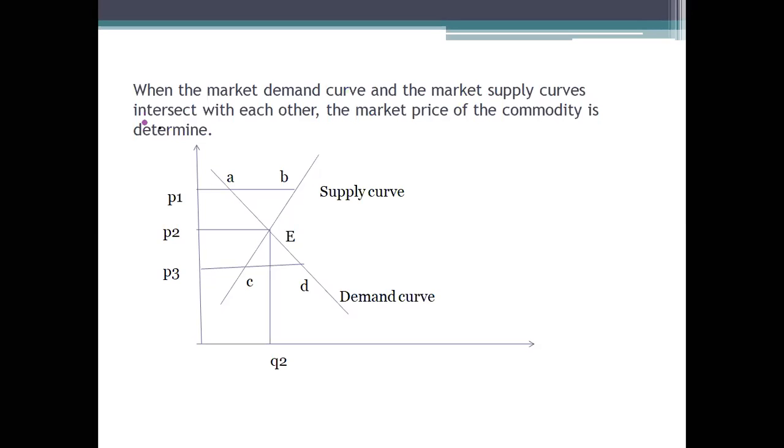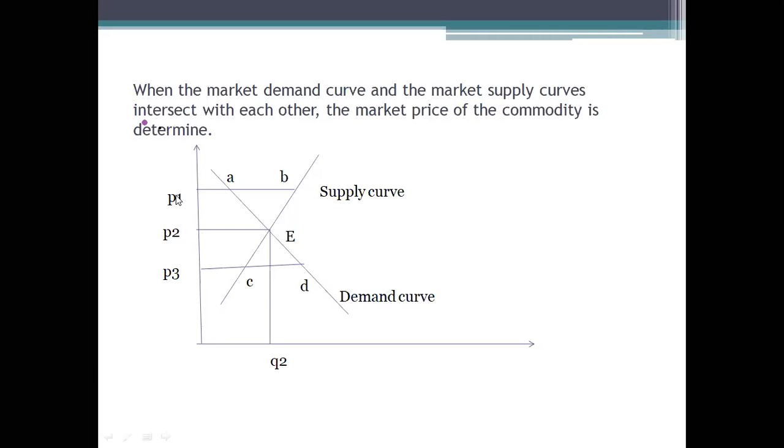Okay, so see in the figure. We know that this is the OX axis and this is the OY axis. The OX axis measures the quantity demanded in the market, how much quantity is demanded, and the OY axis measures the prices of the commodity.